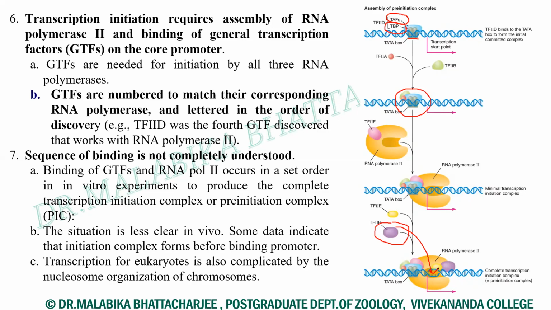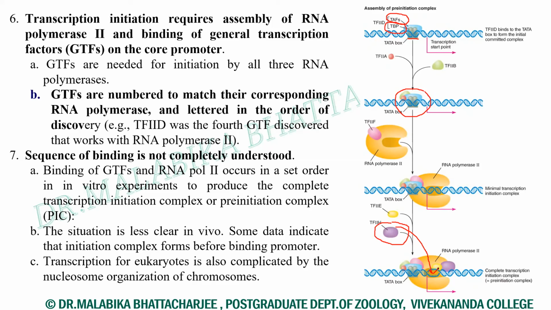So there is an overlap of the processing of the mRNA with the elongation of the RNA. So this is, in a nutshell, what happens in the initiation of eukaryotic transcription followed by elongation.